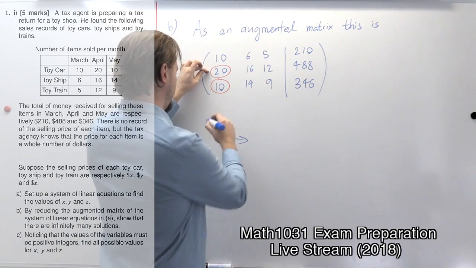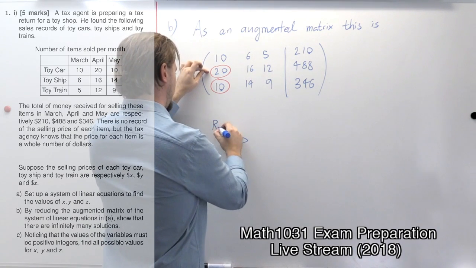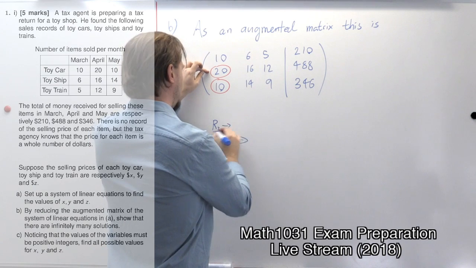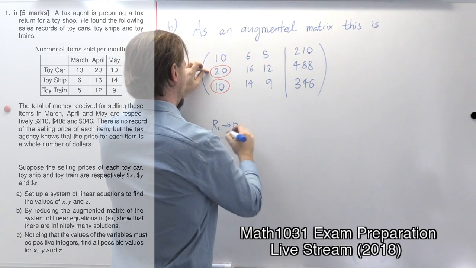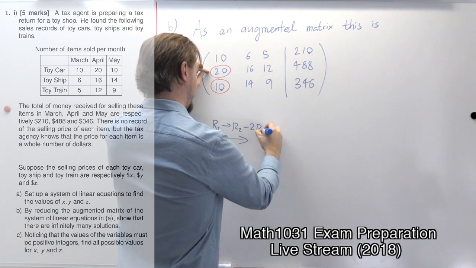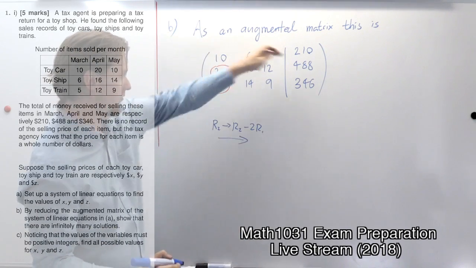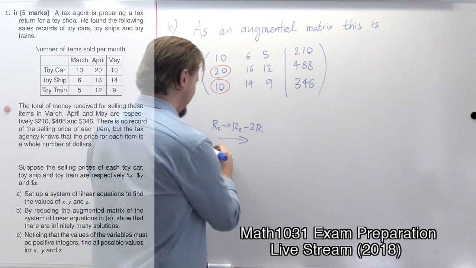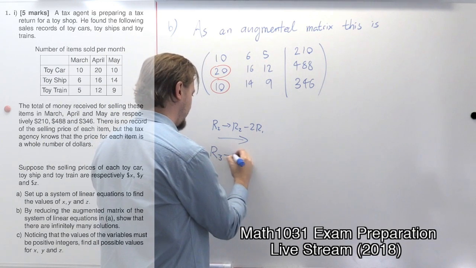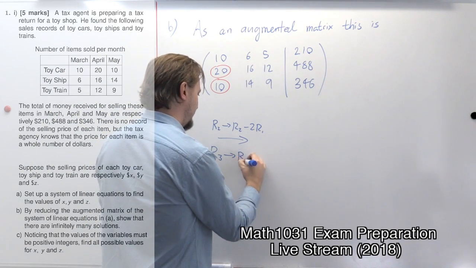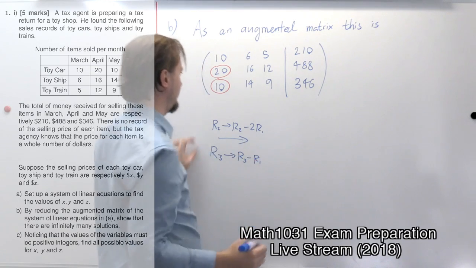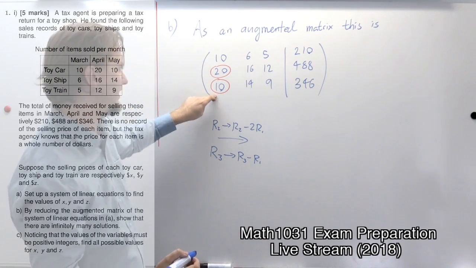So we need to take row 2 and make it row 2 minus twice row 1. So just take off 2 lots of this equation. And at the same time, I'm going to take row 3 and just take off 1 lot of row 1 to get rid of this 10. So use this 10 to get rid of that 10.